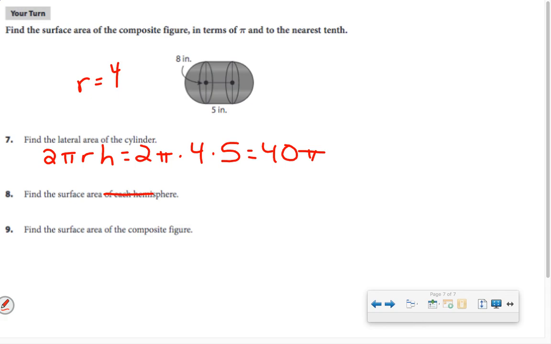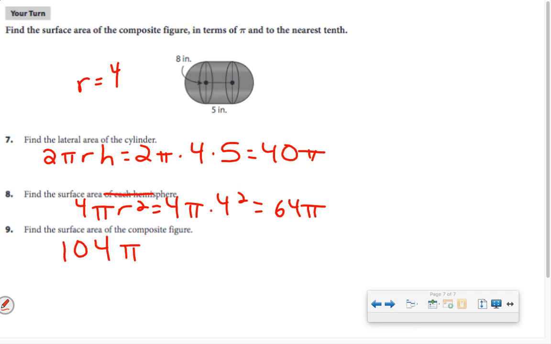The surface area of the sphere would be 4 pi r squared, which is 4 pi times 4 squared, which is 64 pi. When I add that together, I get 104 pi square inches, which is approximately 326.7.